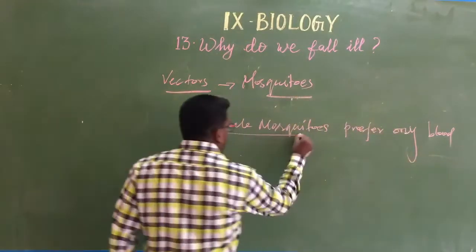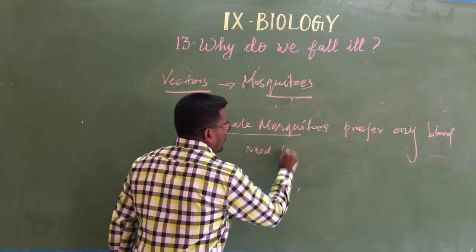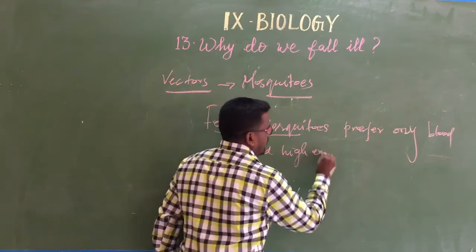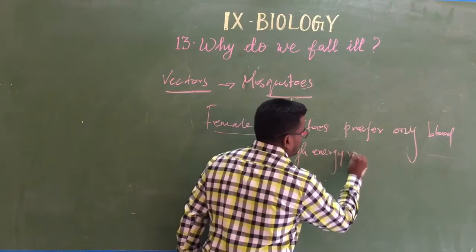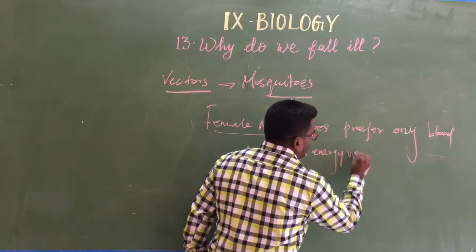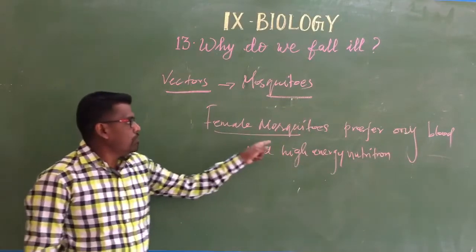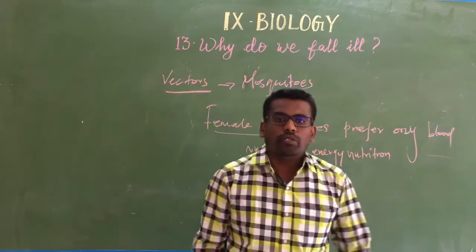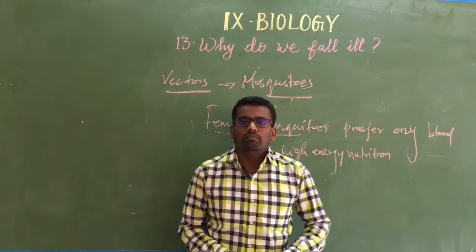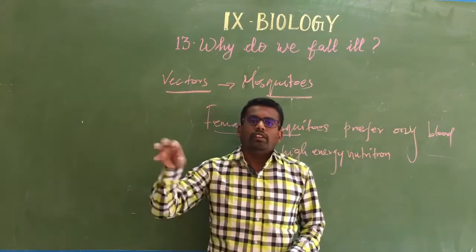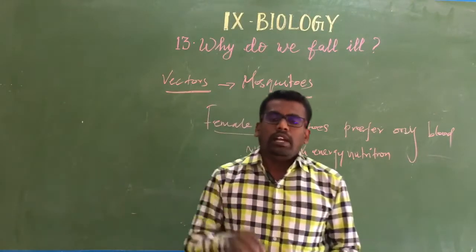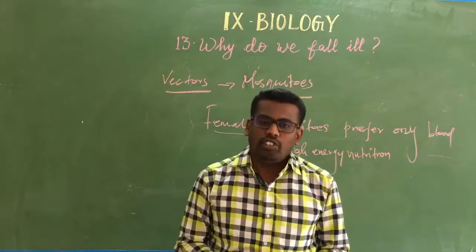Because the female mosquitoes need high energy, more nutrition, more energy-rich food. In the form of blood, the blood contains a large amount of energy.